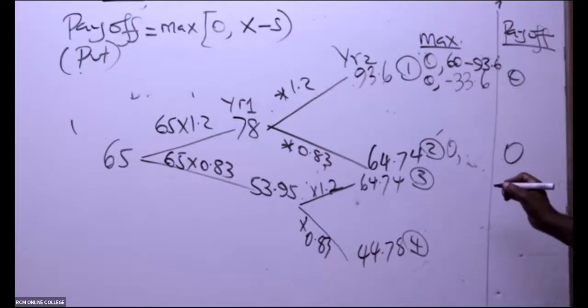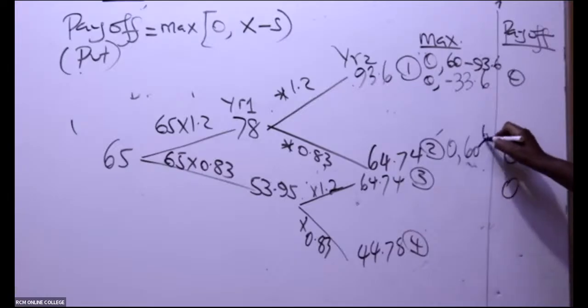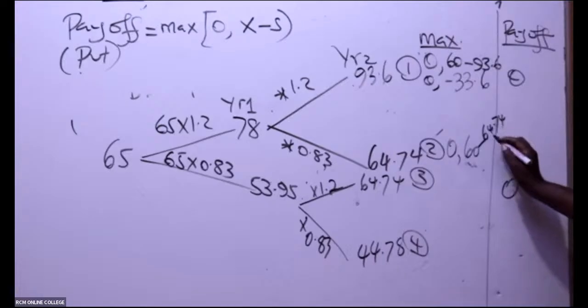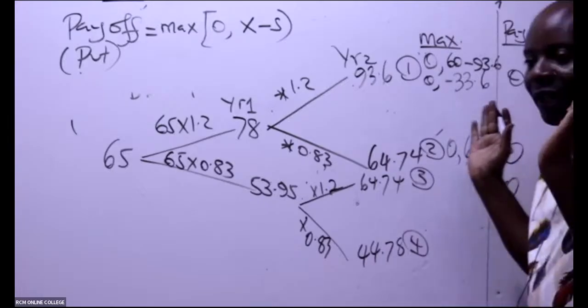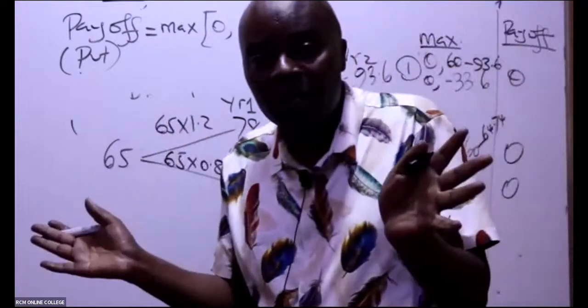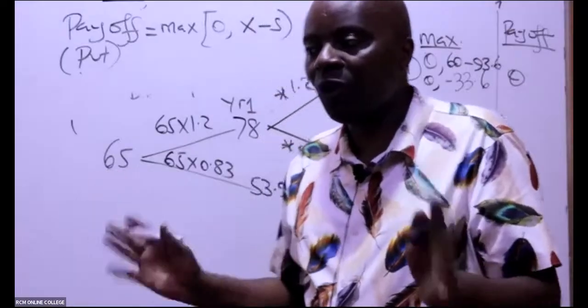So I'll talk of 0, comma, exercise is 60 minus this 64 point, and as Evans is telling us, this gives me a negative. So in that case, I'm going to choose 0 for my payoff. I would rather not get anything than make a loss. That is the concept of options.